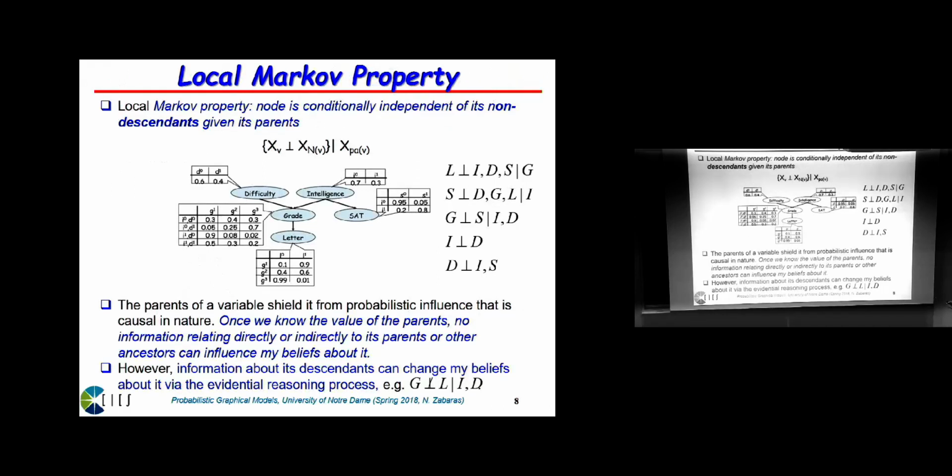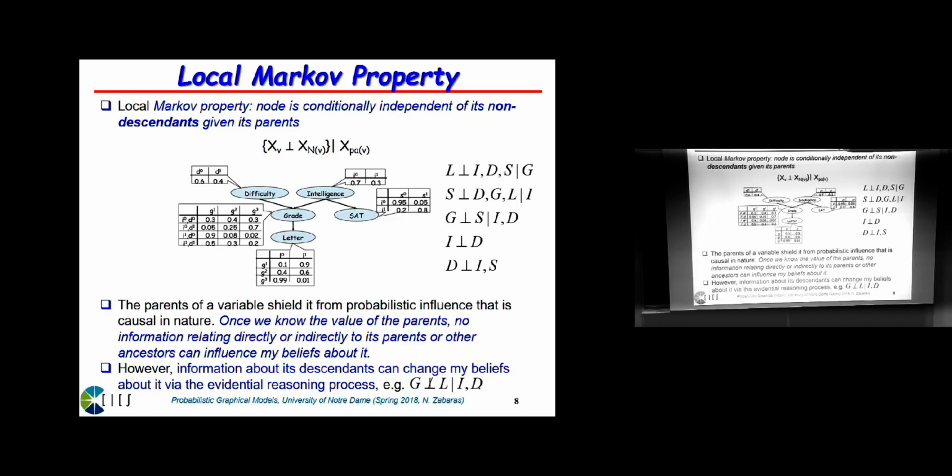So the local Markov property that we have used, and I will try to give you different versions of this, is that given the parents of a node V, x_V is independent of the non-descendants of the node V. And I am generalizing here.